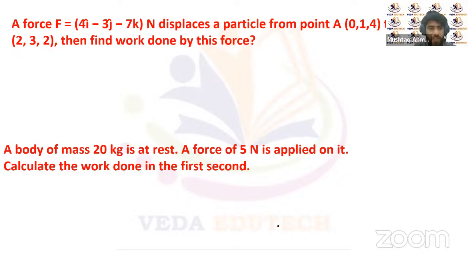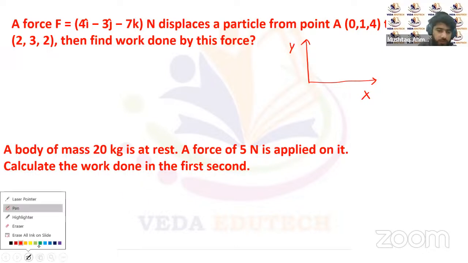The question says a force F, 4i cap minus 3j cap minus 7k cap Newton, displaces a particle from position A (0, 1, 4) to point B (2, 3, 2). Then find the work done by this force. Let's suppose we have this Cartesian system, with the x, y, z axes.